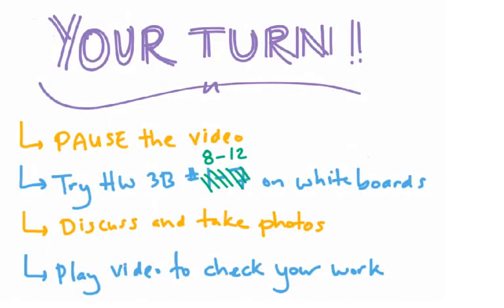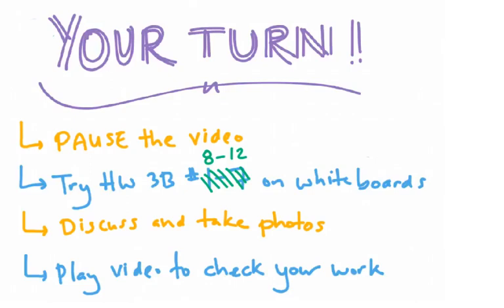And when you are ready, I have the same directions as the last video, which are when I'm done explaining, you can pause this video. On the whiteboards, feel free to now try out homework 3B problems 8 through 12. 1 through 7 were derivatives, 8 through 12 now are integrals. Try them on the whiteboards with each other, discuss them and take some photos of your work.